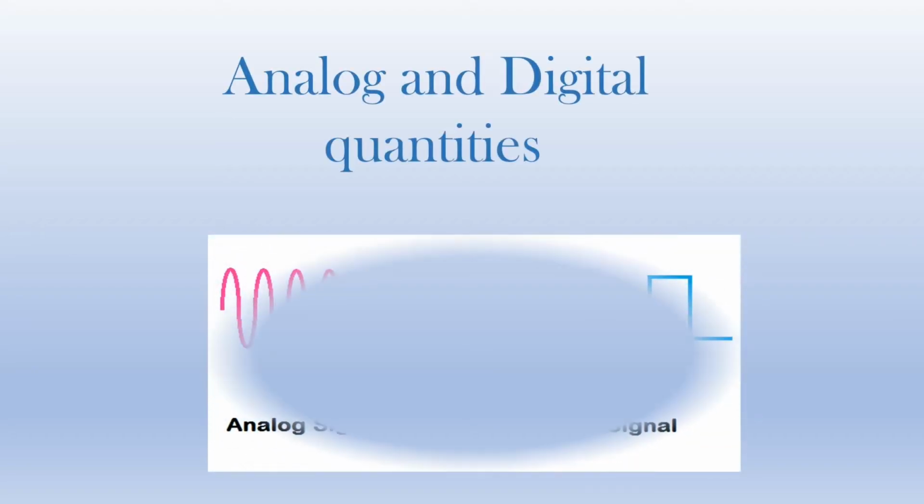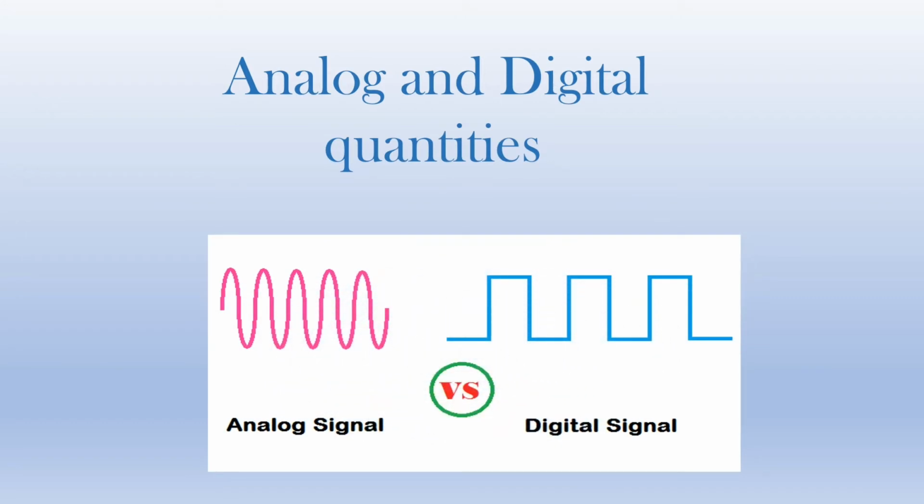First, I will give you an overview of digital and analog quantities, or you can say digital and analog signals. So let's begin our class with analog quantities. So the first question is, what are analog quantities?